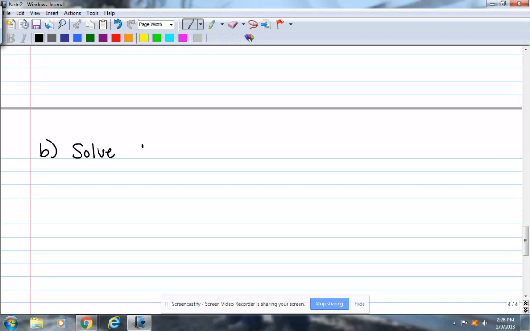Solve A equals LW for W. Now, what is that the formula for? Area of a what? Or a rectangle, right? Area of a rectangle is area equals length times width.